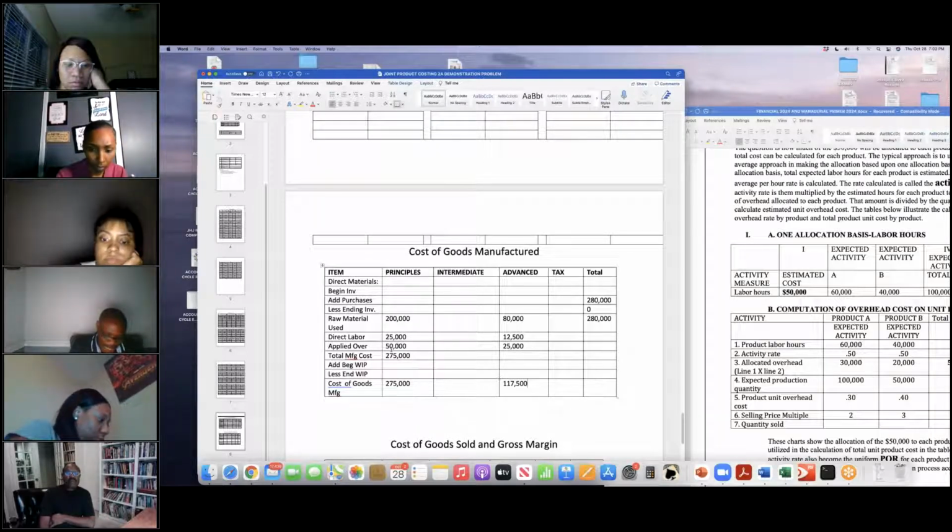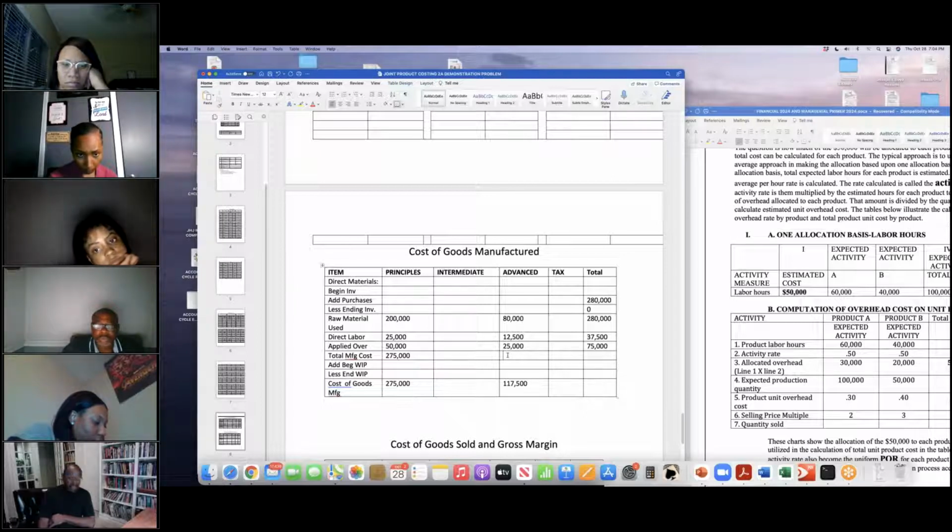We just cross add 25 and 12,500, which is 37,500. Then 50 and 25 is 75,000. This was also 117,500.